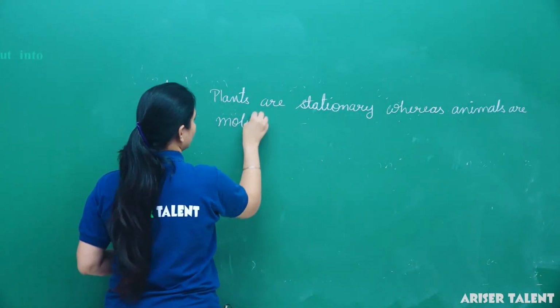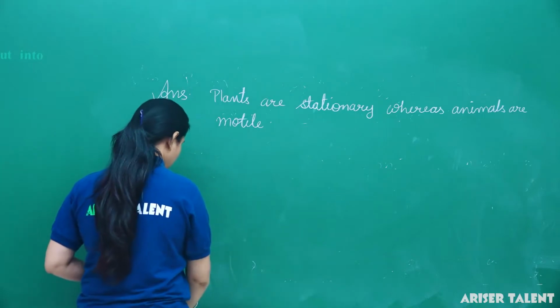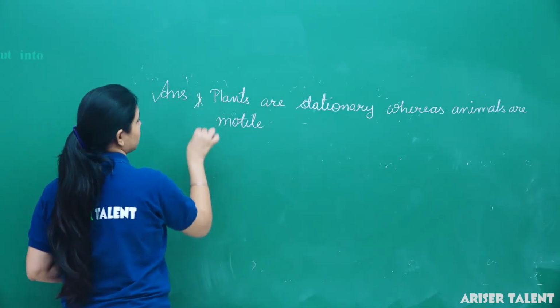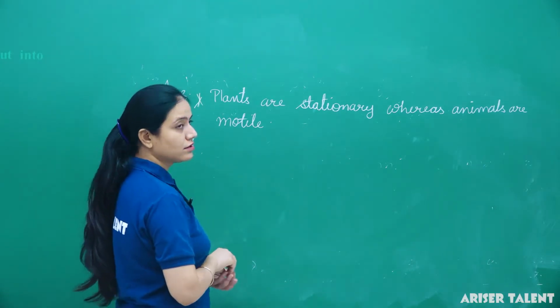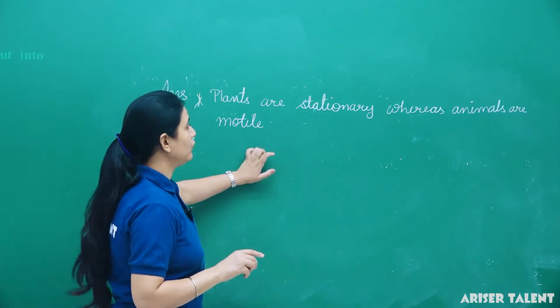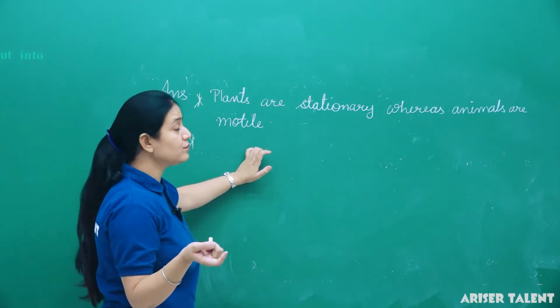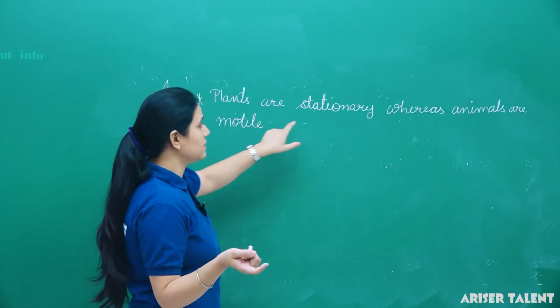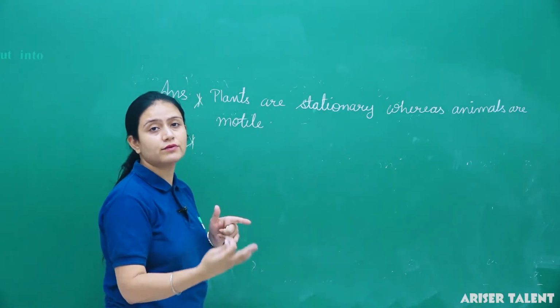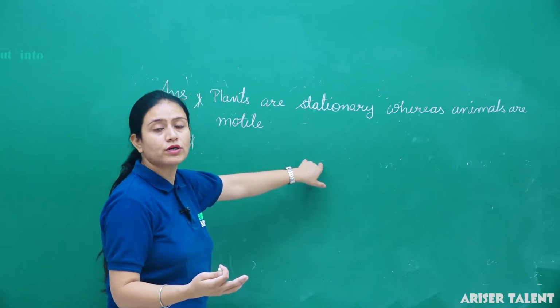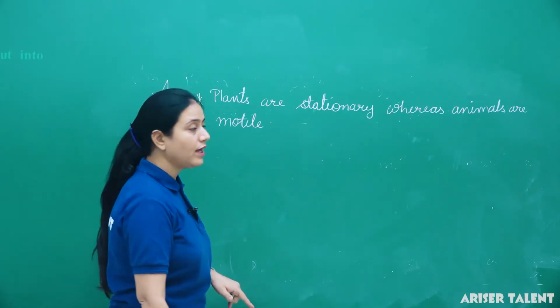They move from one place to another, sometimes for food, sometimes for shelter, sometimes for protection. So the first dissimilarity between both is that plants are stationary, fixed at one place, whereas animals are motile, meaning they move from one place to another.